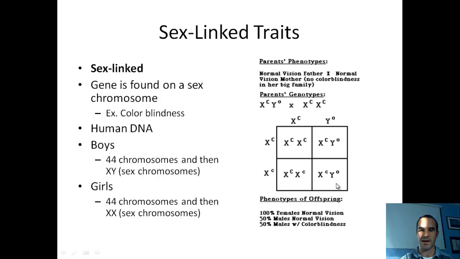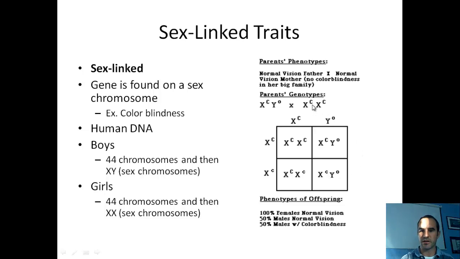If we go down, this offspring has received the color blindness allele. Got passed over here. So we have color blindness, and then we have, again, the Y chromosome that is not a carrier for normal vision or color blindness. And this offspring is going to end up being colorblind. You can look here, it's got the lowercase c.